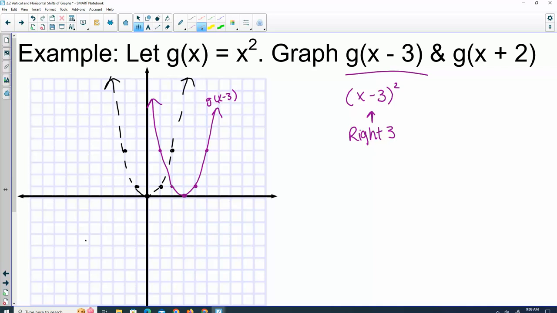g of x plus 2. So that means x plus 2 squared. What will that do to my graph? Left 2. Inside is x, does the opposite of what it says. So we move it in the negative direction. We're doing the original, left 2.